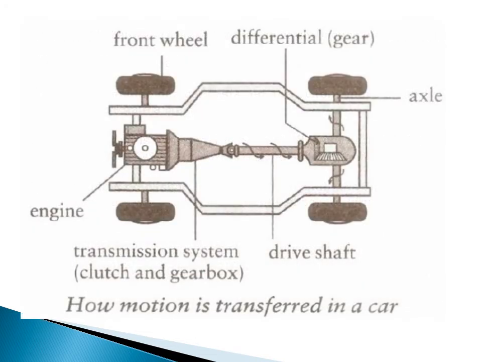So this is the diagram for how motion is transferred in the car. Here you can see the engine. Inside here you have the transmission system, which consists of your clutch and gearbox here. And you have the drive shaft, the axle and the wheel.